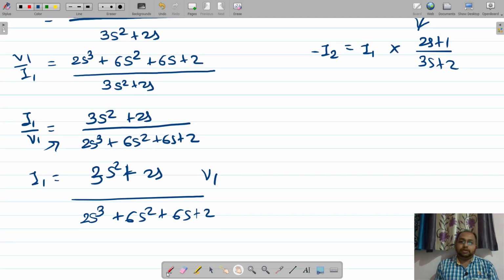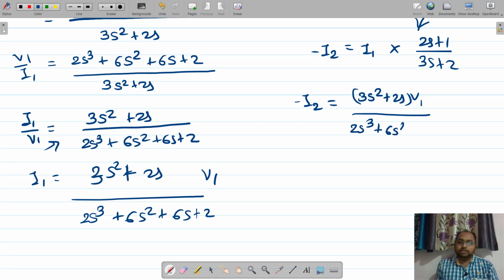So minus I2 is equal to (3s square plus 2s) into V1, divided by (2s cube plus 6s square plus 6s plus 2), into the remaining term, that is (2s plus 1) divided by (3s plus 2). Got it?